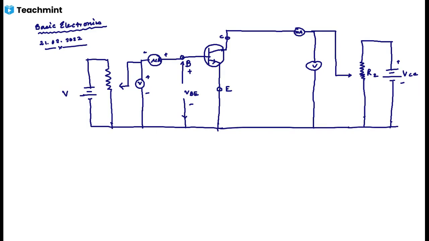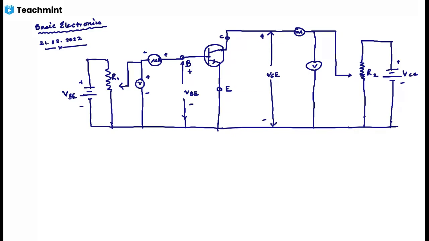This is the base-emitter voltage VBE. This is the R1 potentiometer. On this side we will take VCE, positive and negative.